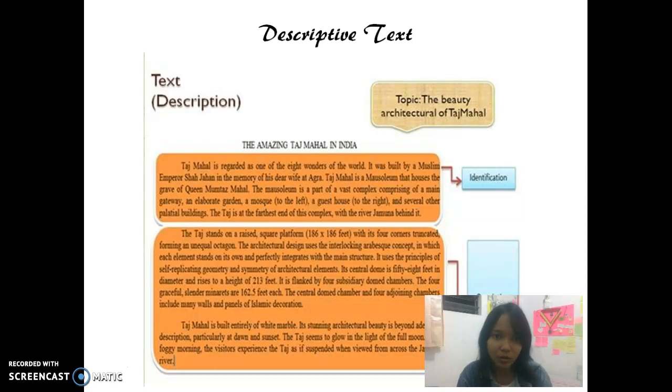So descriptive text begins with identification, and the next paragraphs will be the description itself. If you want to know the difference between report text and descriptive text, just remember that report text talks about something in general, and descriptive text talks about something more specific.